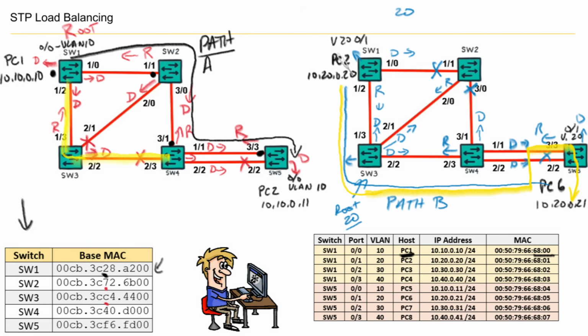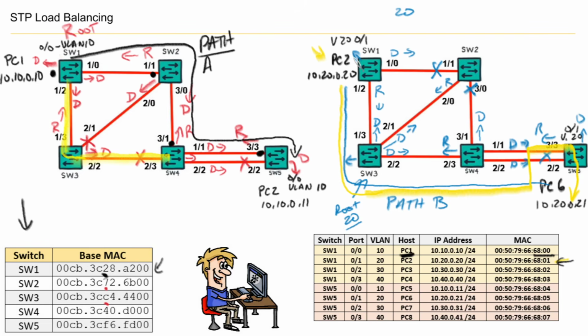And we can verify that by going to PC2 right here. On PC2, if we look down at our table, PC2 has a MAC address ending in 6801. Right here, 6801. So if this is the path that's being used, we should find that MAC address in the path.